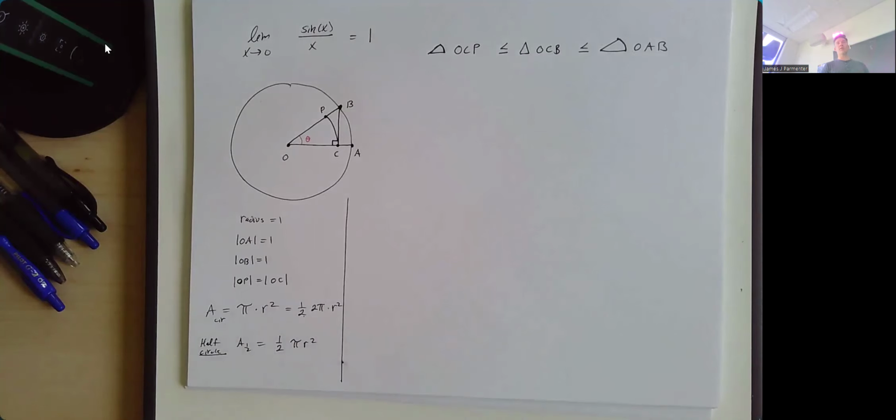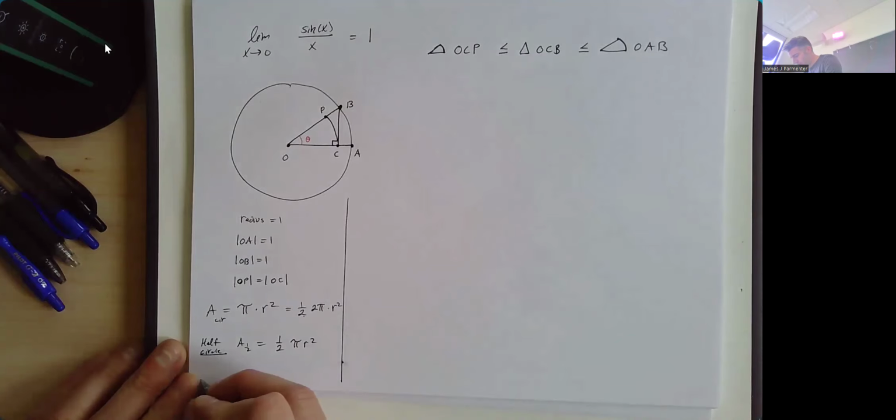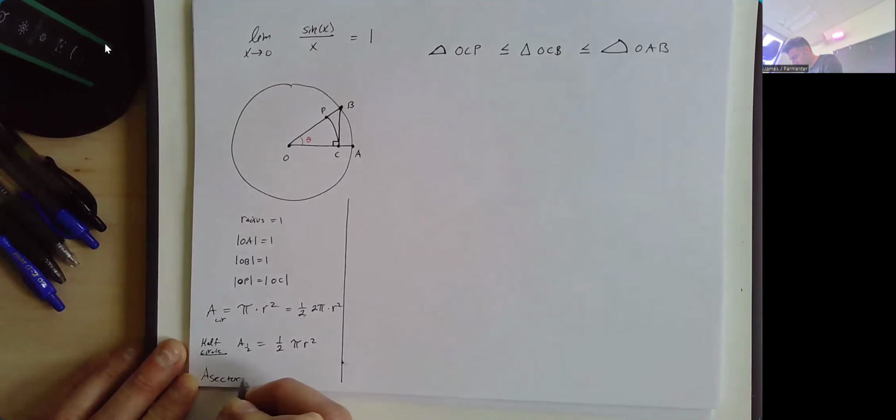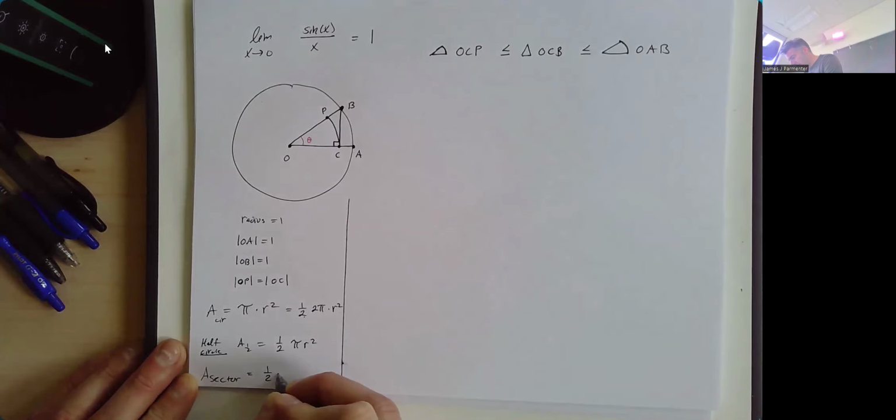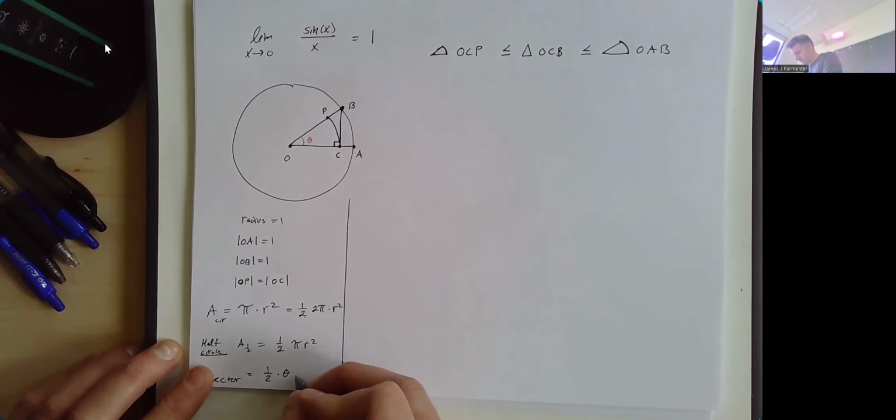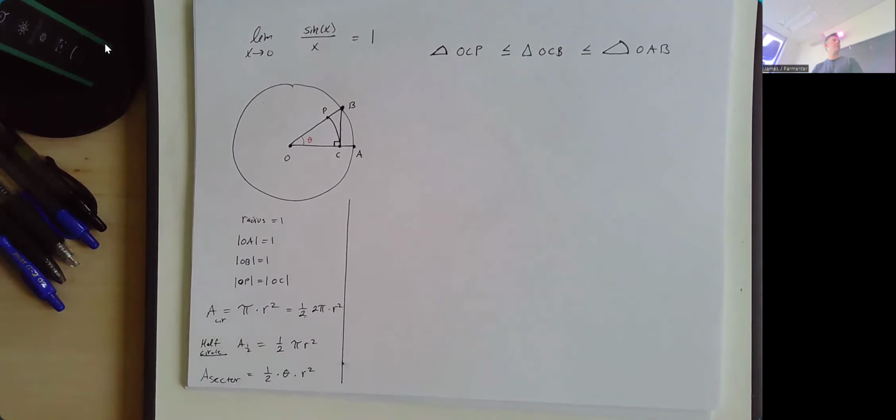So the area of a sector is 1/2 times whatever the angle measure is times the radius squared. And that is the area of a slice of pie. So if the angle was pi over 2, a right angle, which gave you a quarter of the circle, that would give you 1/2 times pi over 2 times r squared, which would be 1/4 pi r squared, which is 1/4 the area of the circle. So it totally seems valid.